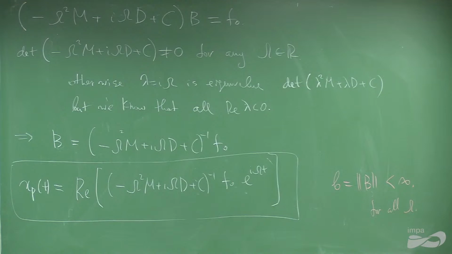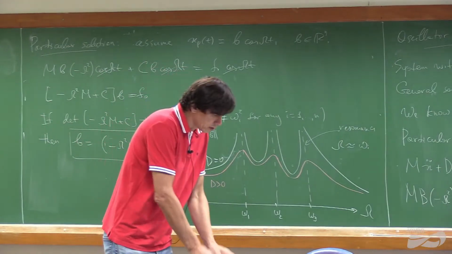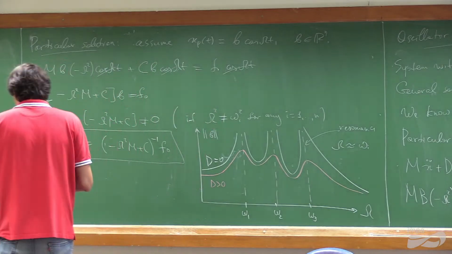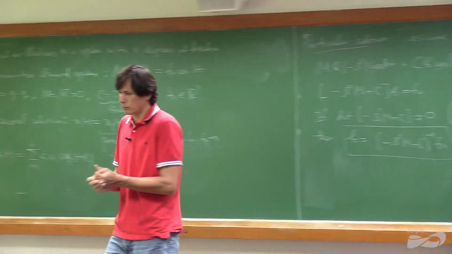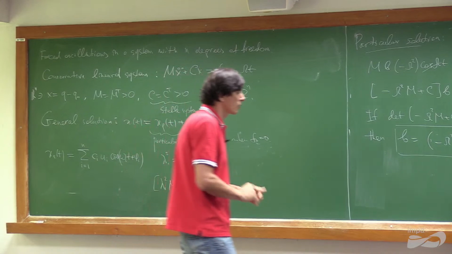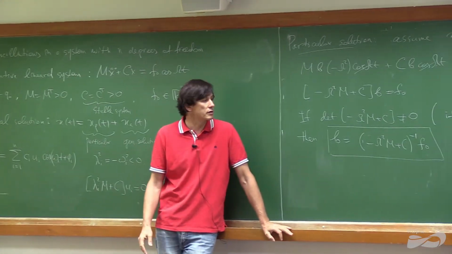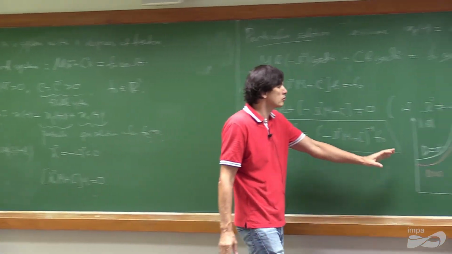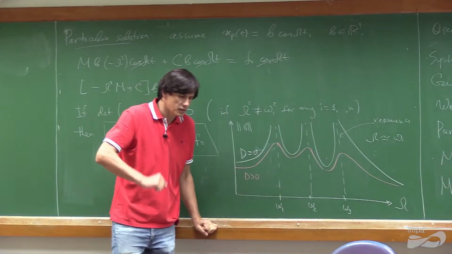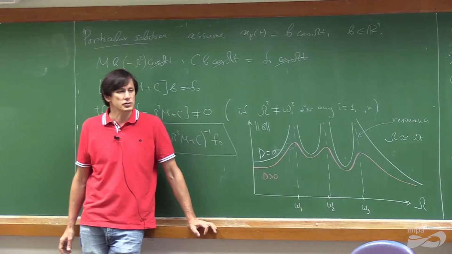A very similar situation to what we had with the oscillator, but different in that there can be several maxima which correspond to every frequency. And the message is that whenever you force the system close to one of its natural frequencies, and the dissipation is not too strong, you will have a very large increase in the amplitude of oscillations at that frequency.